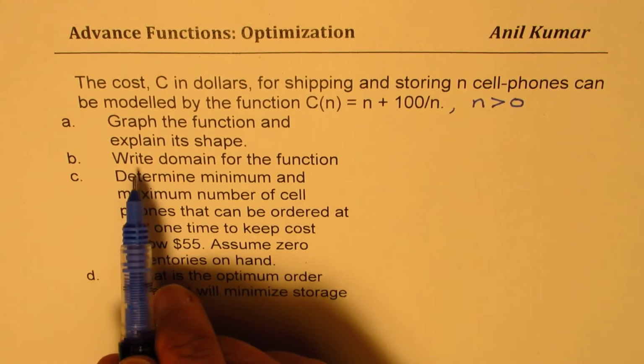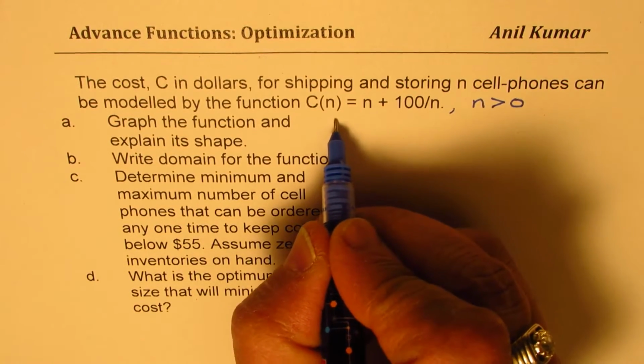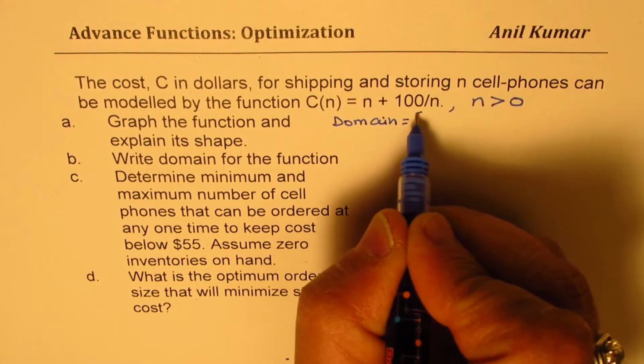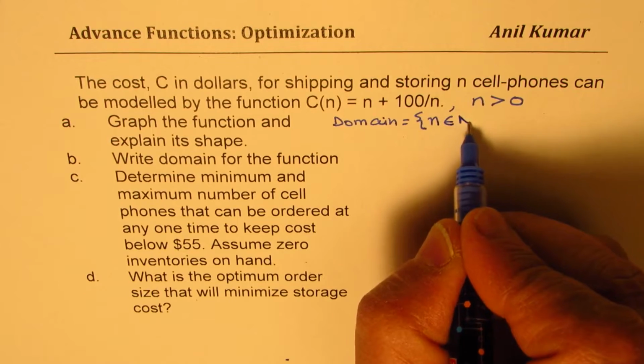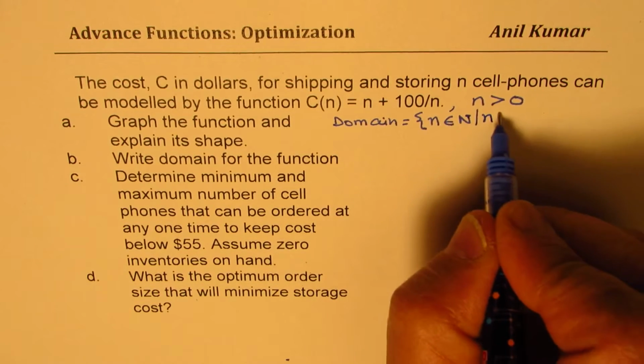As far as the domain is concerned, let me write down the domain of this function. We can say the domain is n belongs to natural numbers, and we'll say n is greater than 0.